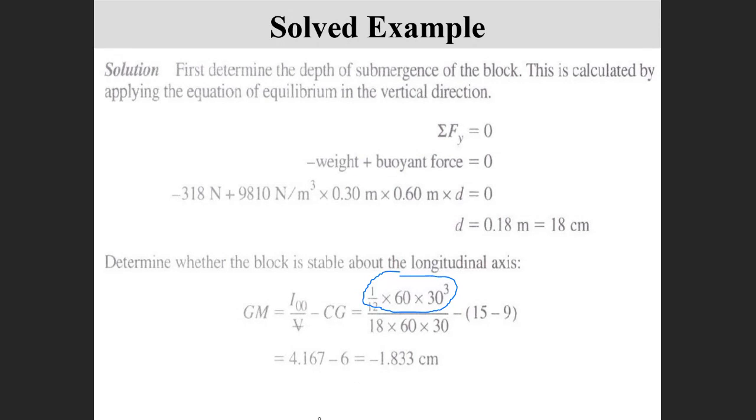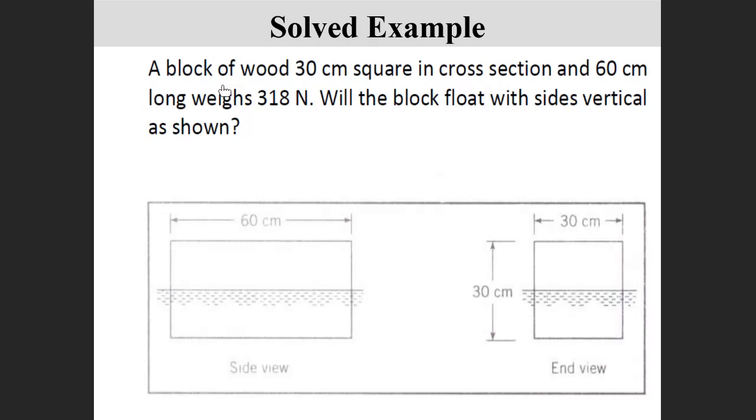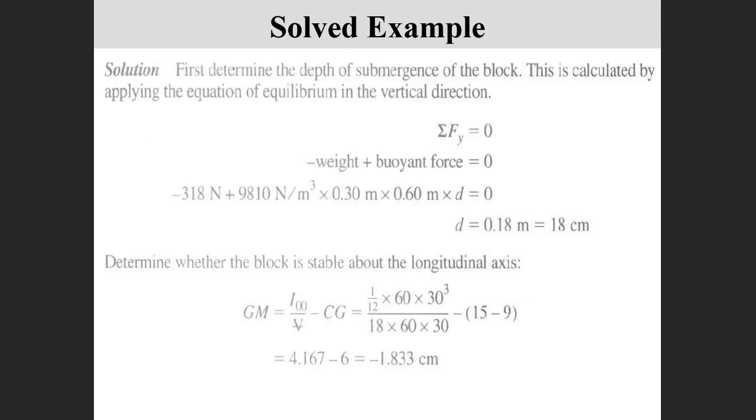CG is 15 minus 9, if you agree with me, because the center of buoyancy here is at half of 18, right? Halfway of it is 9, right? Now the center of gravity is at 15. So BG is 15 minus 9, if you agree with me.